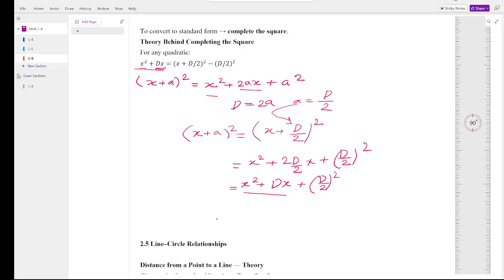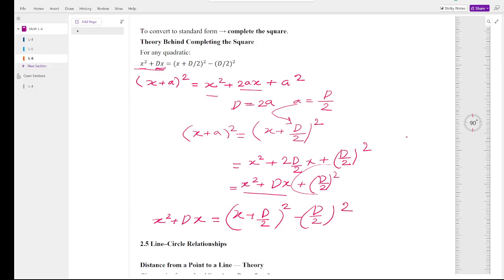So we must subtract this one. So for x squared plus dx, we write x plus d by 2 whole squared. For this extra one, we should subtract d by 2 whole squared.